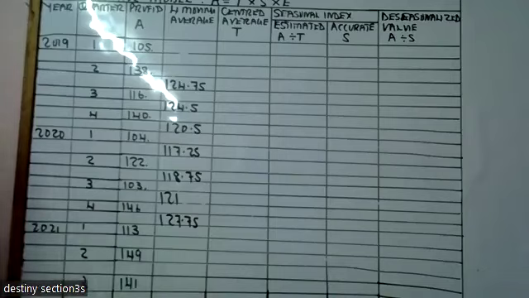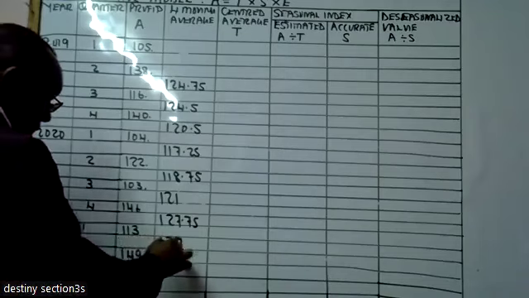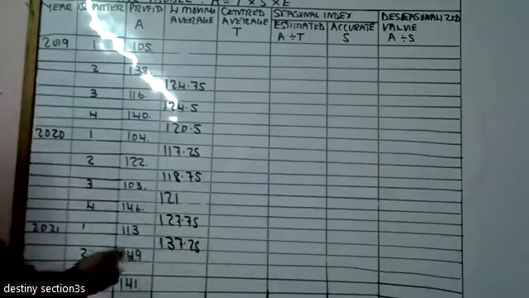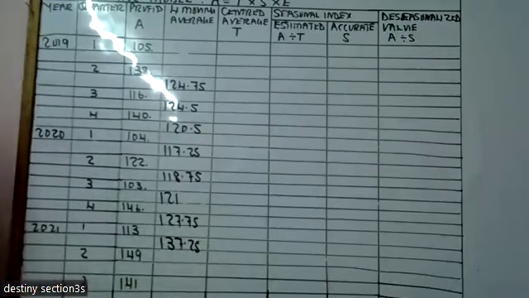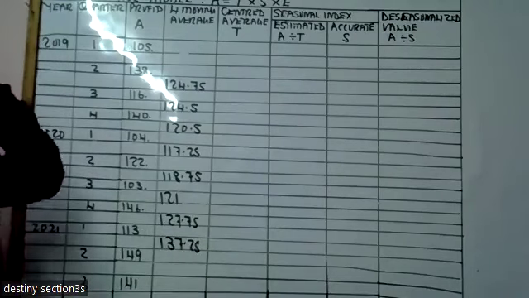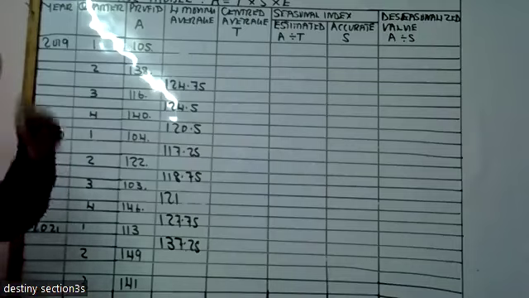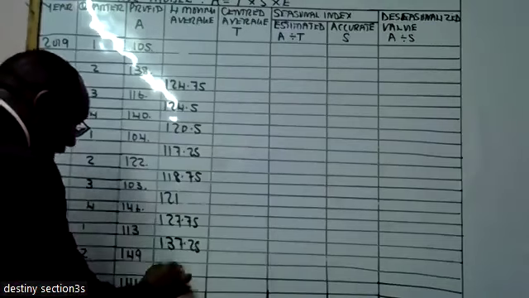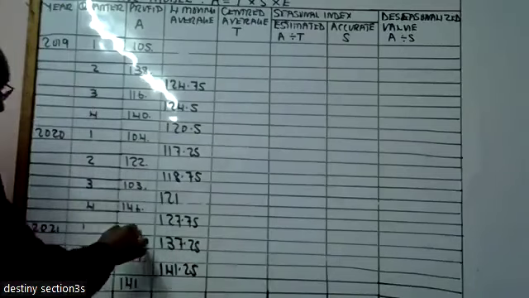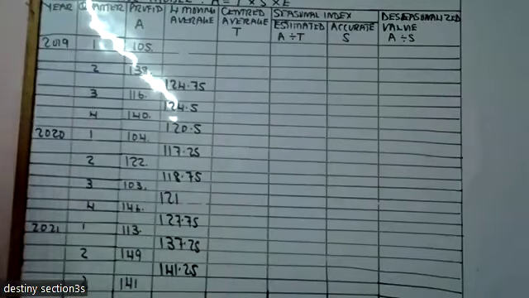Divide by 4, you get 137.25. Good. The last one, 113 plus 149 plus 141 plus 162. 141.25. Good. So if you drop that, you get the end.